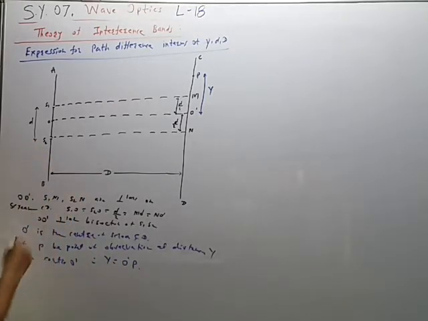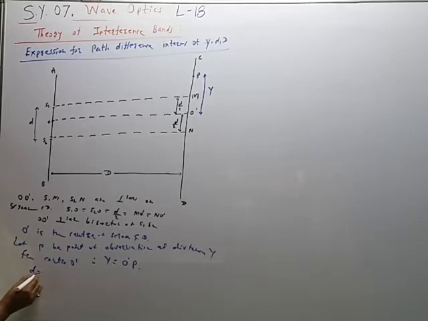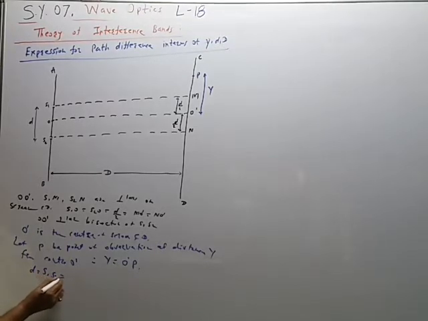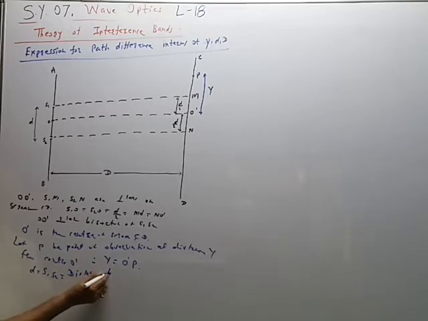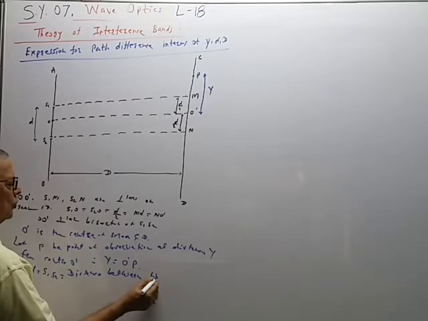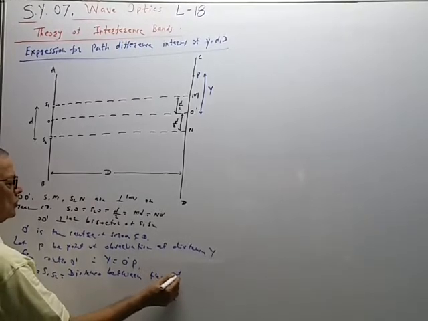So small d and capital D have meaning like this. d is equal to S1S2, which is the distance between two coherent sources.